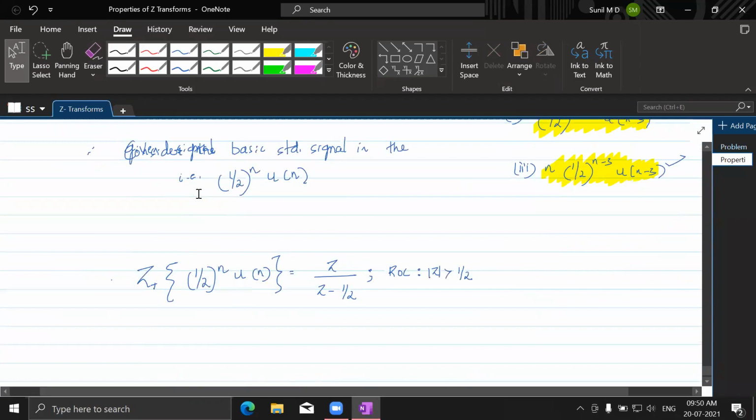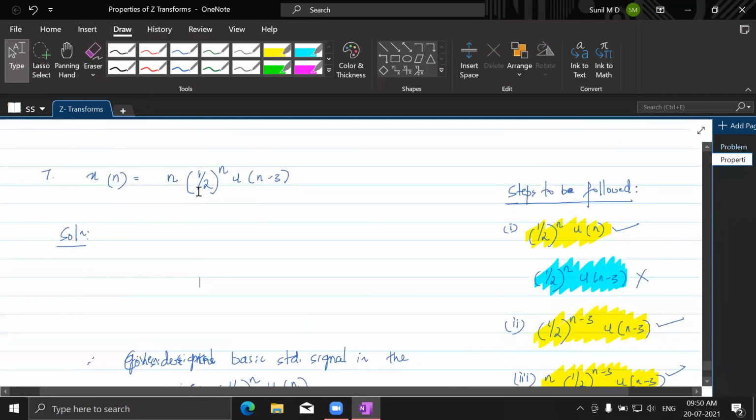So let's do this. See here, since this has to be n minus 3, what I can do is, this is half power n. If this has to be half power n minus 3, what needs to be done? Anybody? Can you tell me? Let me just write that in the simplest way. So what I'll do is, I'll do this.